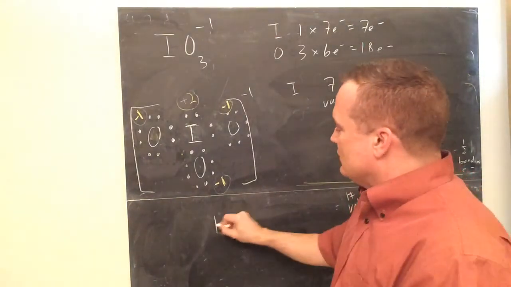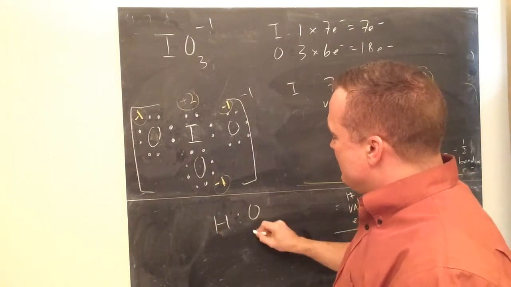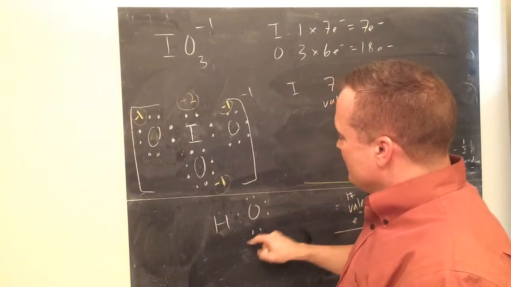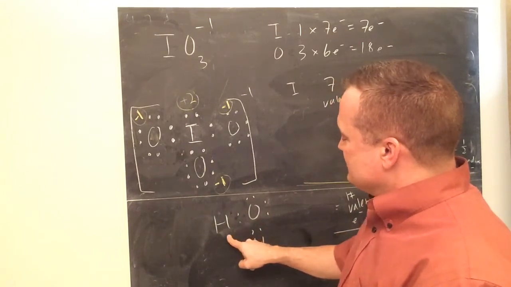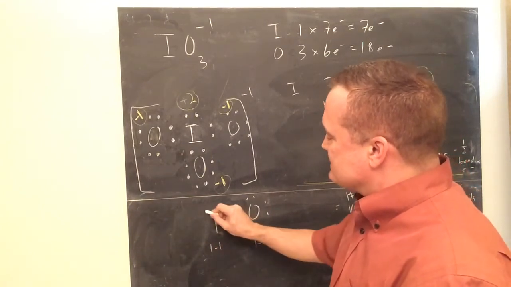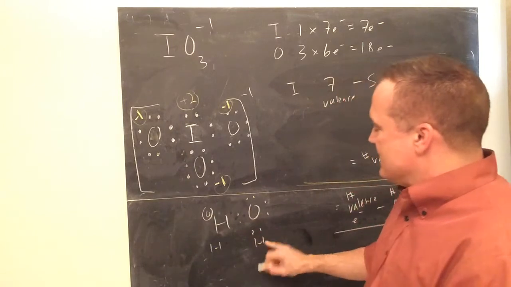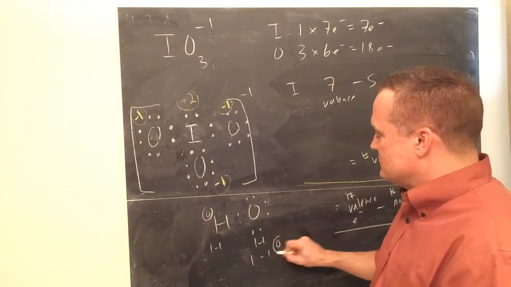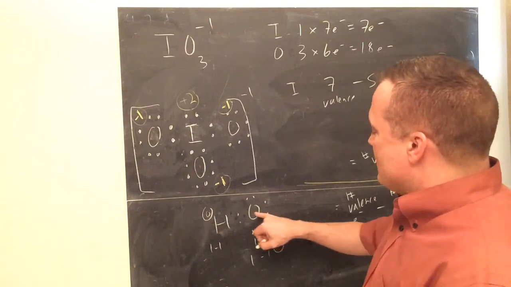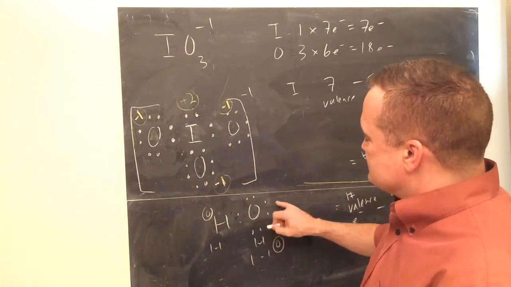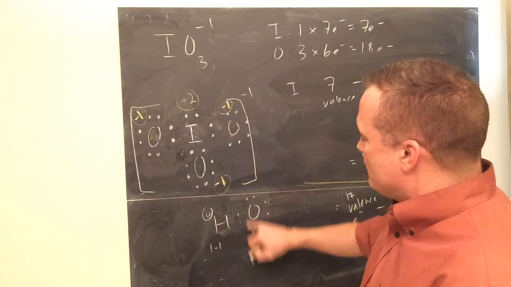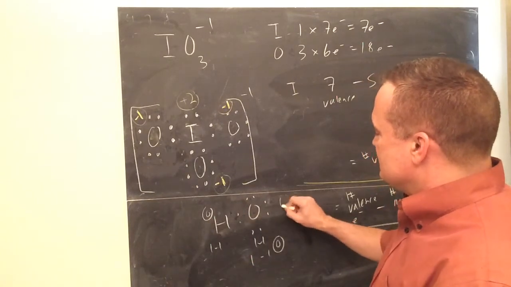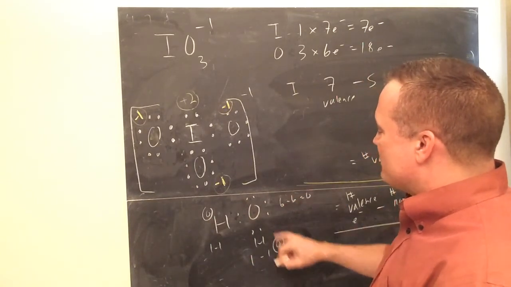If I have a molecule like water, H2O, well, H is 1 minus 1, so it has a 0 formal charge. This H, 1 valence minus 1, also has a 0 formal charge. And then O has 6 minus 1, 2, 3, 4, 5, 6, so it's also a 0 formal charge.